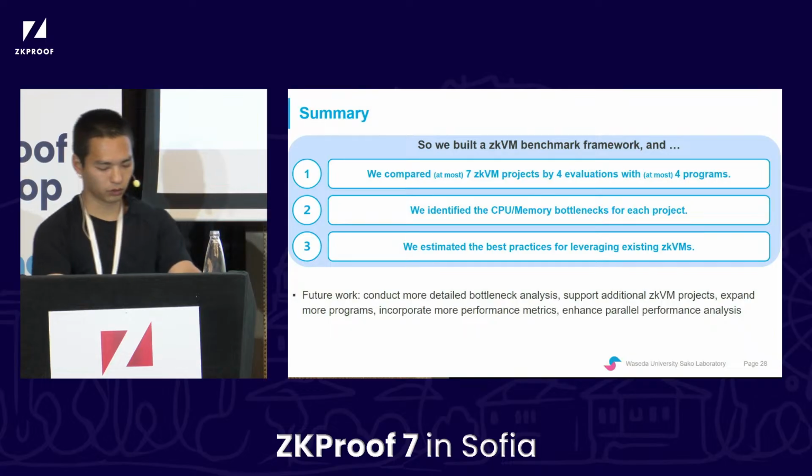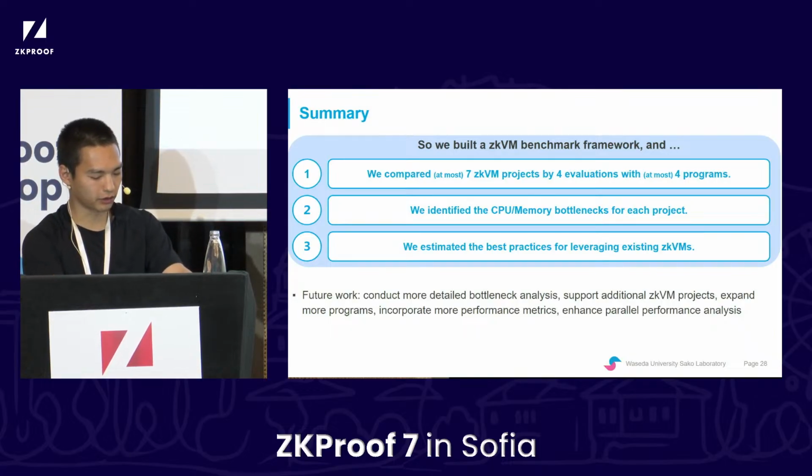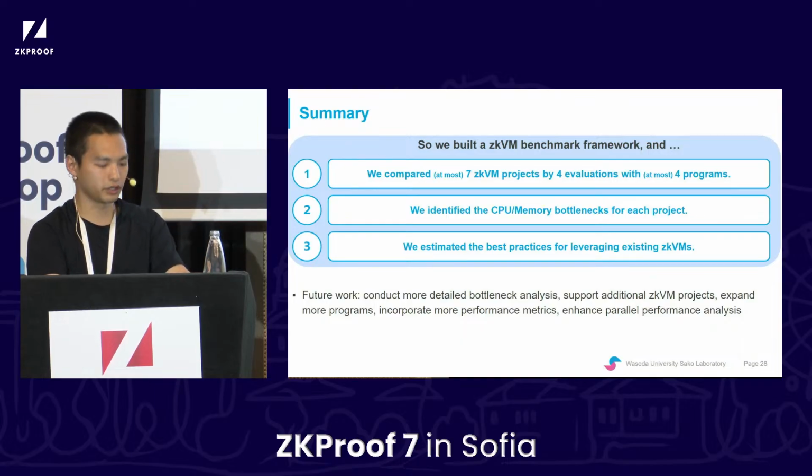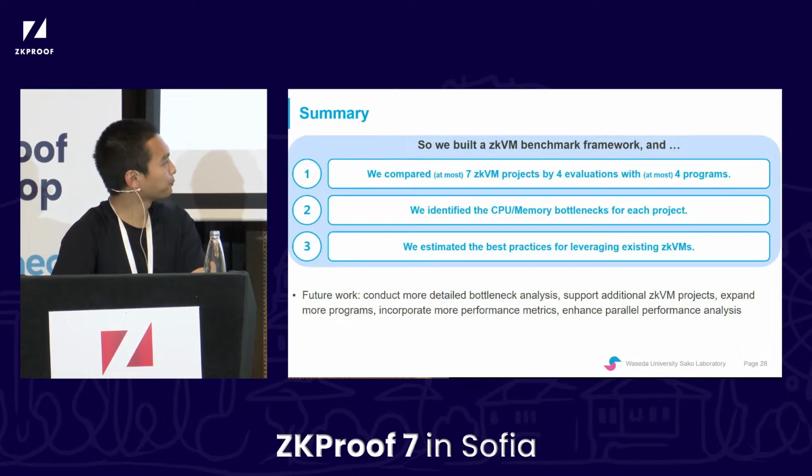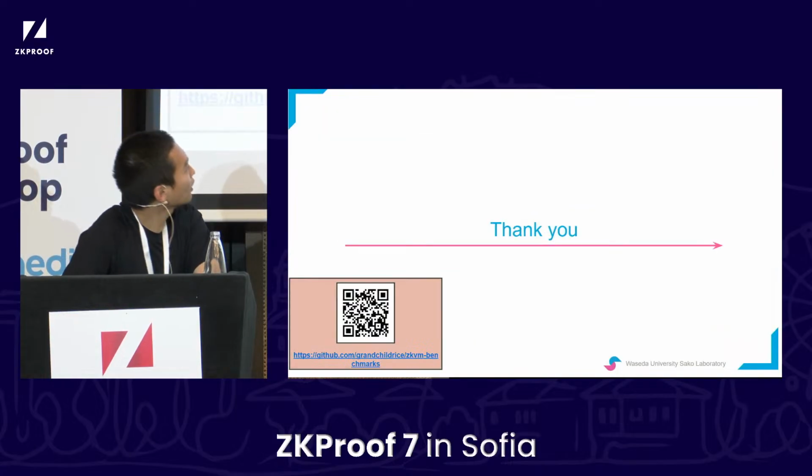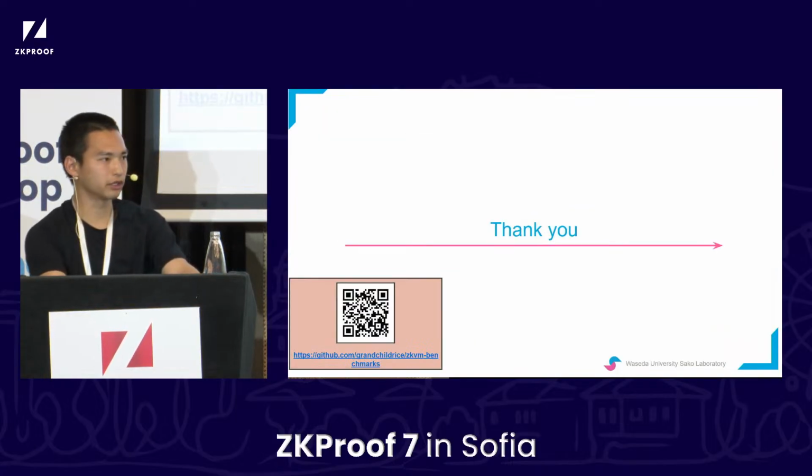We will continue working on these challenges for further enhancing the stability of our zkVM benchmark framework. Of course, we welcome your contributions. Please file pull requests or issues to our repository. That's it. Thank you for your attention.